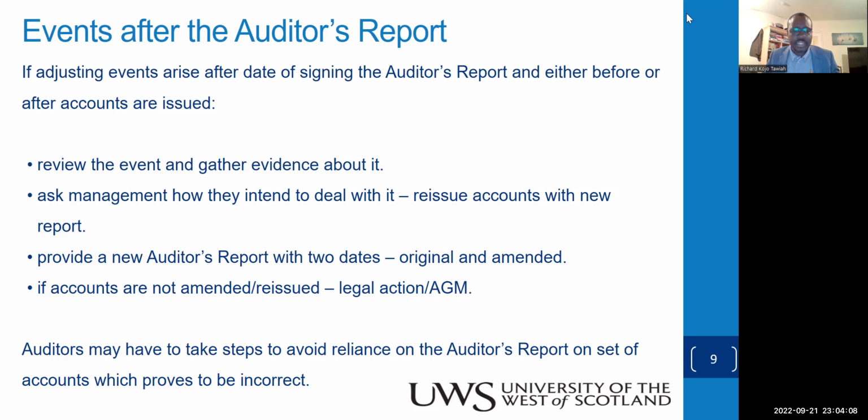Okay, so you must always take steps to avoid any auditor liabilities. Reputational risk, you don't want that to occur to your organization. Now, auditors may have to take steps to avoid reliance on the audit report on sets of accounts which prove to be incorrect. So if subsequent events may have rendered my report incorrect, I must take steps so that people will not rely on that report which has been issued, which ideally should have been amended, but the client has decided not to reissue a new report.